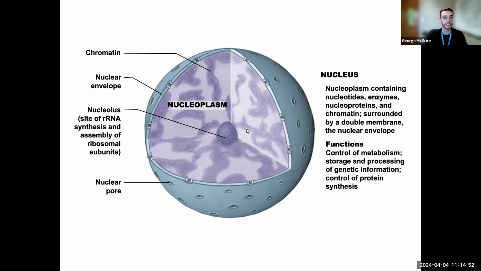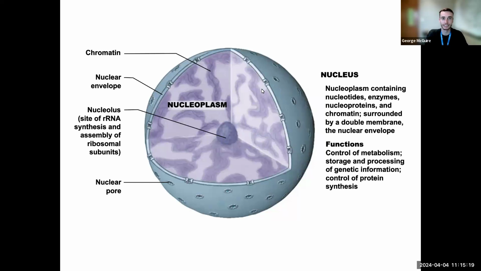So yeah, the nucleus's structure has a lot of similarities with everything else we've been talking about, right? It has a membrane that separates it from the rest of the cell, but it also has some unique structures. So it has its own term for the cytoplasm of the nucleus called the nucleoplasm. It has a tiny little condensed area inside its nucleus called the nucleolus, which is where we create some ribosomal RNA and generate new ribosomes.